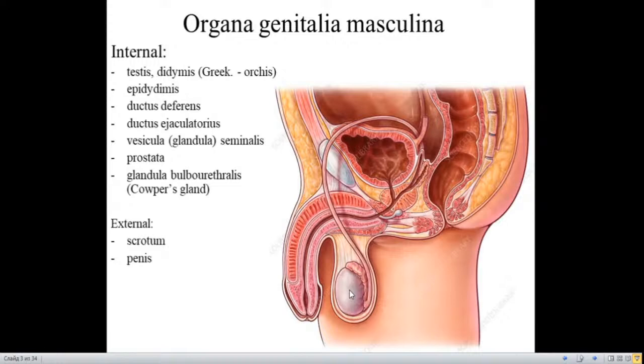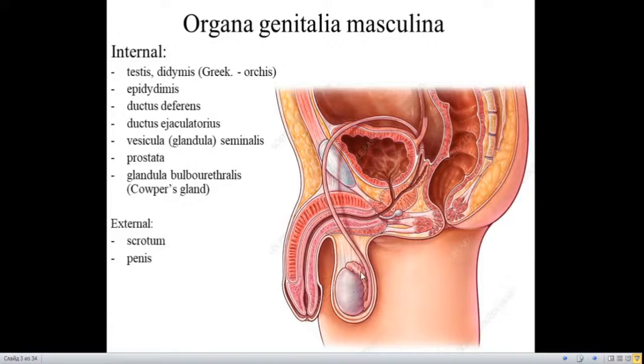Also, you have to know two more names of this organ: didymis and the Greek name orchis. Why is it important for you? Because many clinical medical terms come from the Greek word orchis. For example, inflammation of testes is known as orchitis.